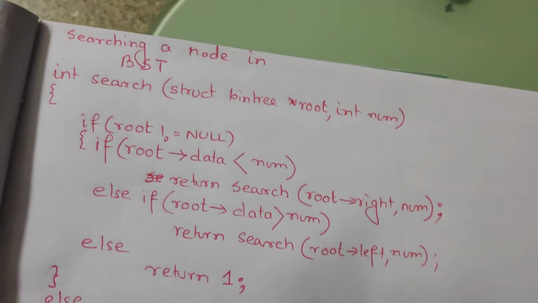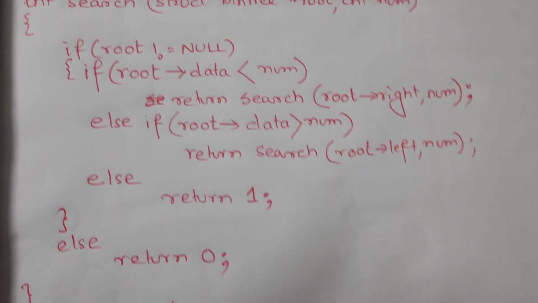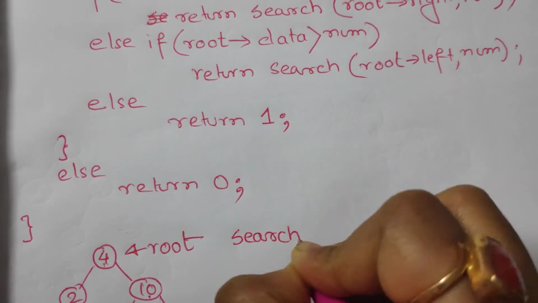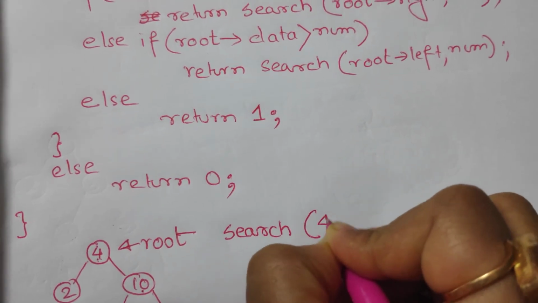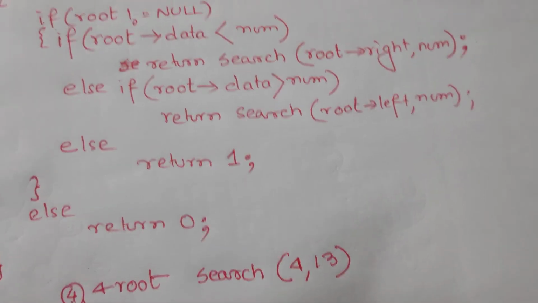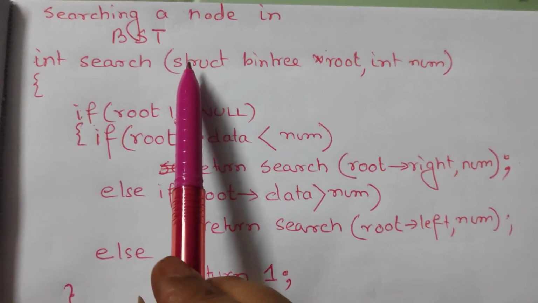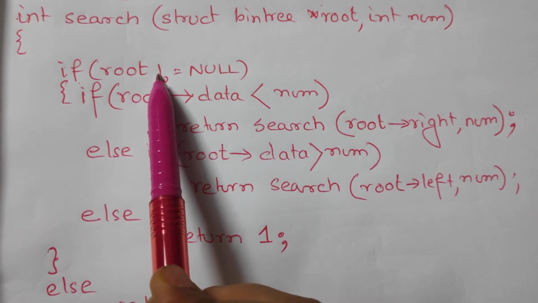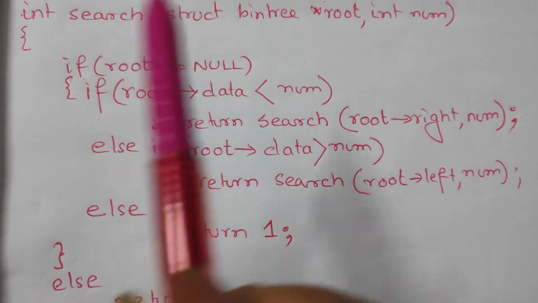So when you are calling the search algorithm, you would be calling search with node 4, that is the root of the tree, and the number 13. Correct? Now we will enter the recursive function.